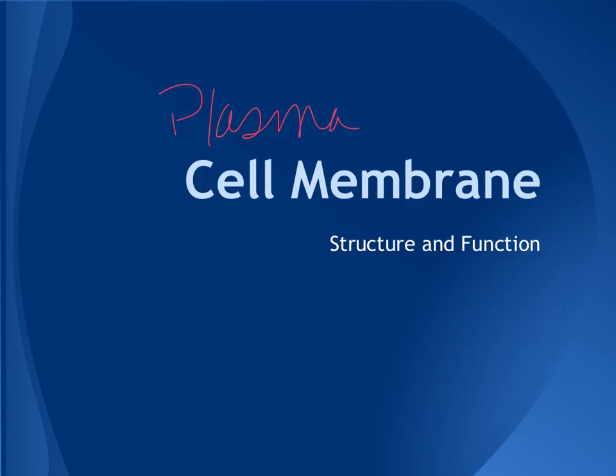In this lecture we're going to be talking about the structure of the cell membrane first, how the cell membrane is put together, and then we'll be talking about a specific function of the cell membrane. Now, the cell membrane has many different functions. In fact, in our cell communication unit, we'll be focusing on communication as a function.